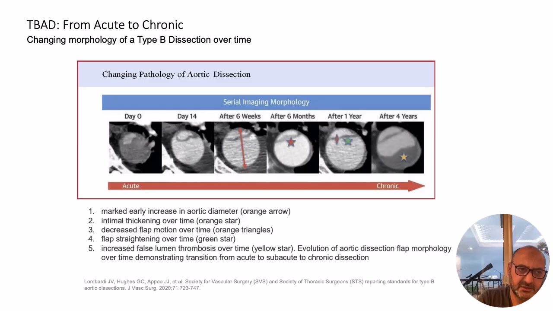As you see, the true lumen is very small here at day 14, after 6 weeks, and all the way up to 4 years, it's still small, and that has implications. Especially, I've seen people with claudication with that, and I've also seen people asymptomatic with that.